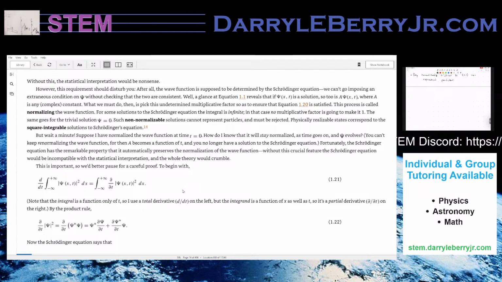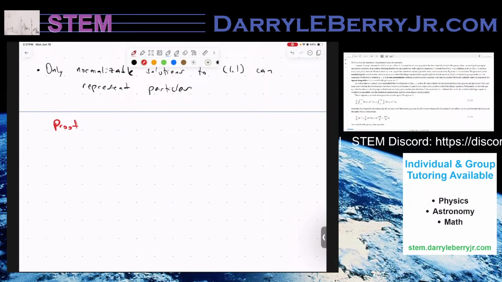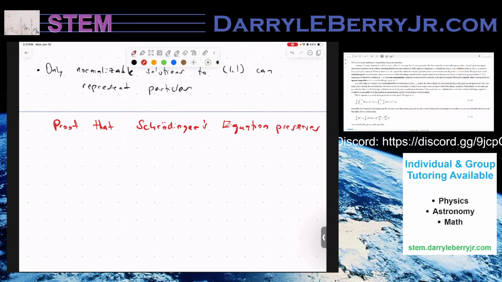Okay, so now we're doing a proof that Schrodinger's equation preserves normalization.